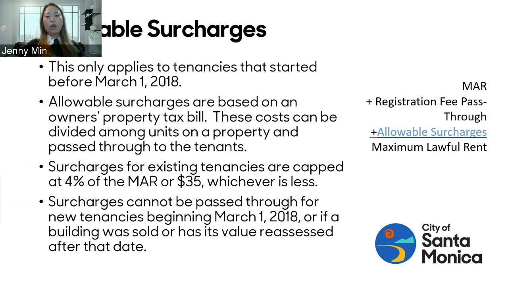The surcharges for existing tenants can be capped at 4% of the MAR or $35, whichever is less. Surcharges cannot be passed through for new tenancy that began on March 1st, 2018, or if the building was sold and had its value reassessed. Next slide.